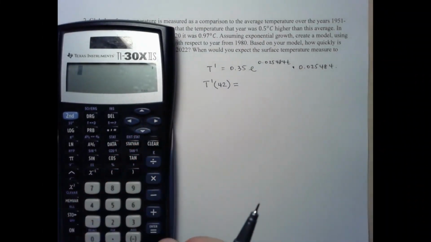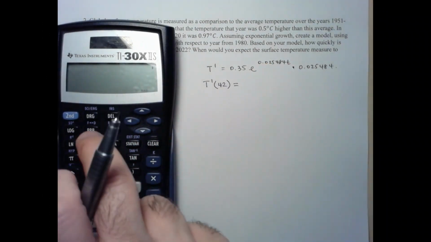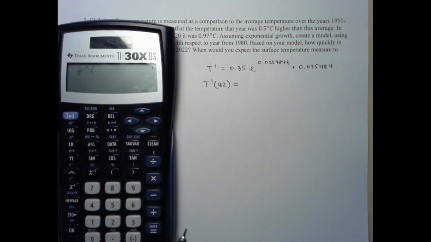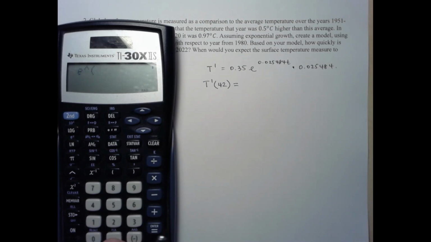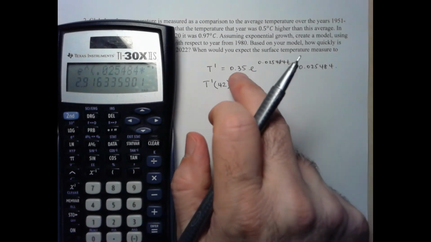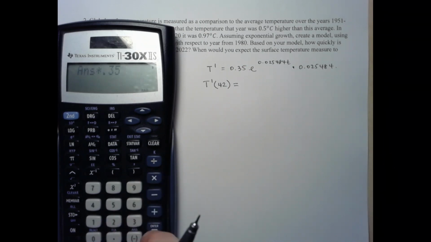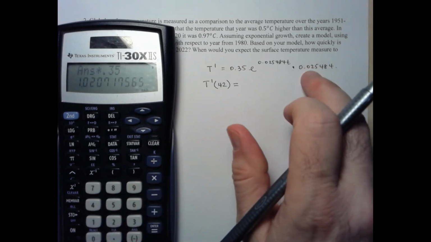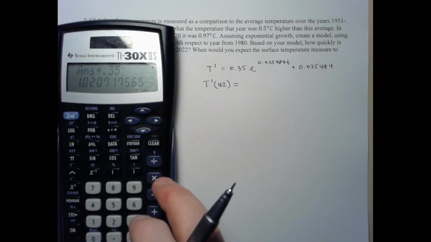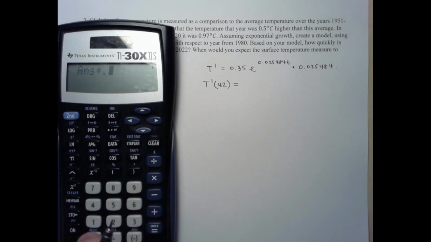Okay, so here, since my exponent is much simpler than before, I'm just going to put the whole thing in. So e to the 0.025484 times 42. Okay, and multiply by 0.35. Then multiply that by that constant, 0.025484.